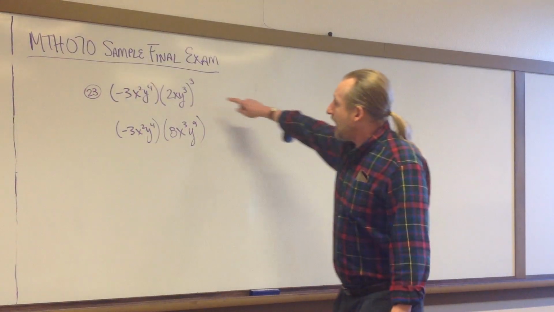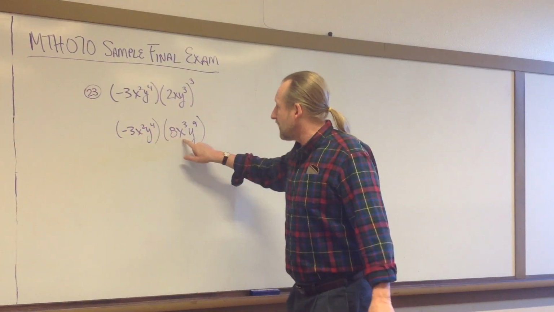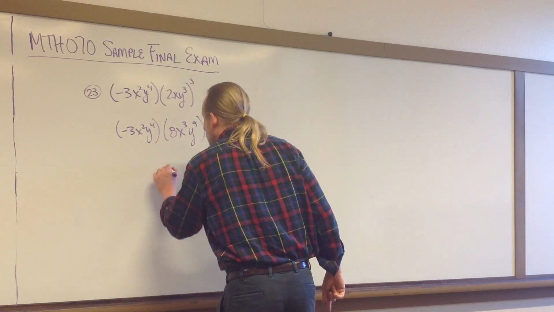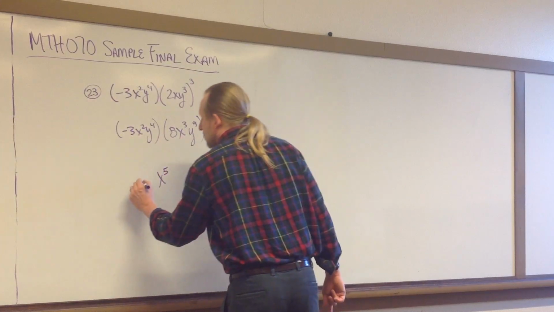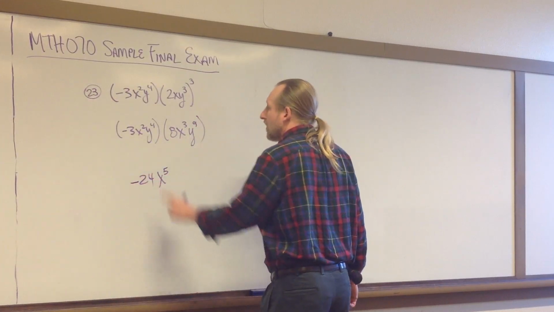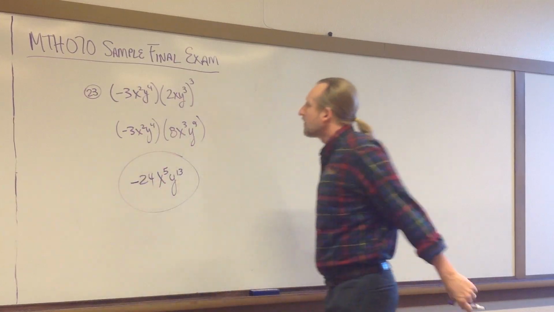Now, when you raise a power to a power, you multiply. But here, when we're doing x squared times x to the 3rd, we add those exponents and get x to the 5th. Negative 3 times 8, negative 24, x to the 5th, y to the 13th power. And there we go.